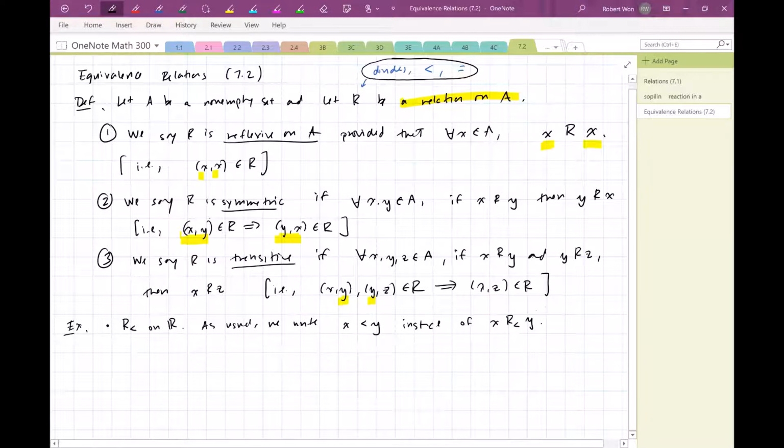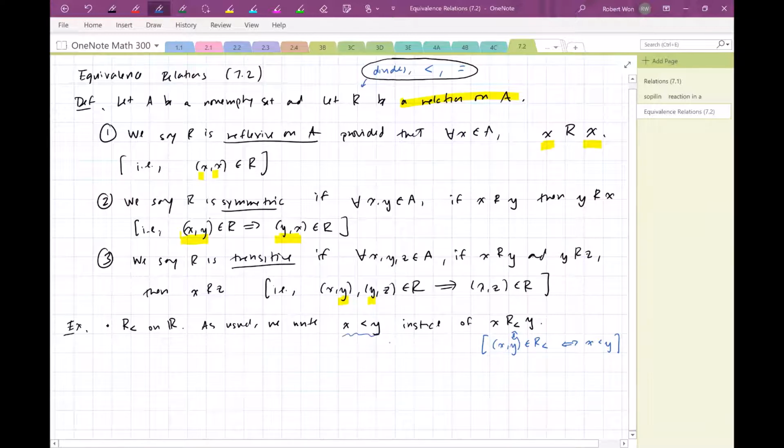X R-less-than y means x comma y is in R-less-than, if and only if x is less than y. So instead of R-less-than, it makes more sense to just use the less than symbol, because this is the normal symbol for it.